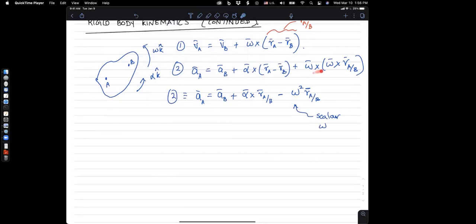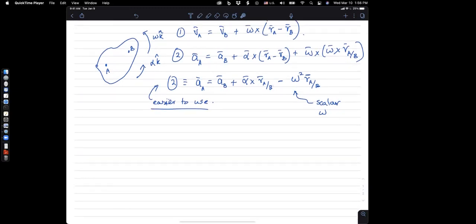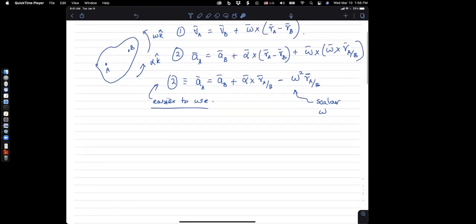It turns out this equals this, so it's easier to use, and I'll probably use this version from now on. Let me work out one made up problem, and then we will do more sophisticated problems.